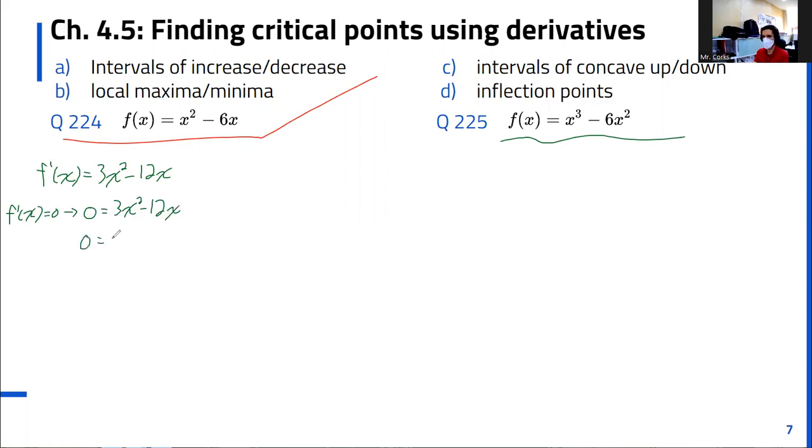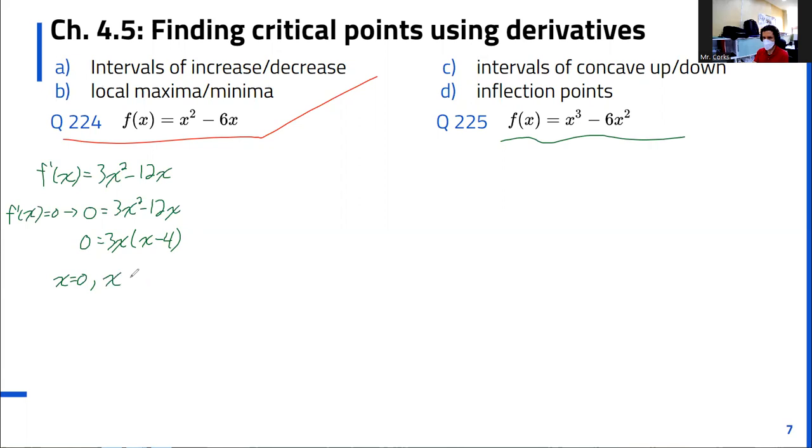We can factor out a 3x, x minus 4 here. Okay, one of these two things must be equal to 0. So we have 3x is equal to 0, and then therefore x is equal to 0, or we have x minus 4 is equal to 0, therefore x is equal to 4.